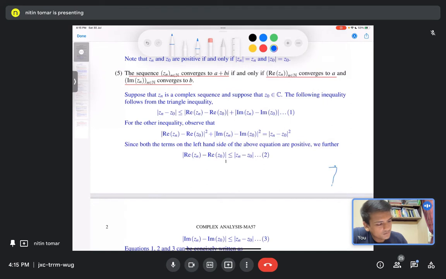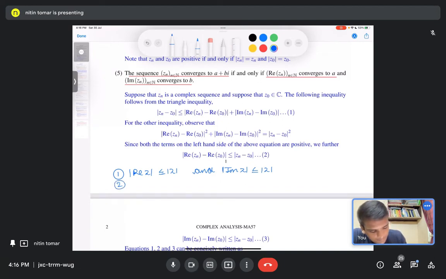And how do you prove it? So we know, you must have learned these two inequalities, that the real part of z is less than or equal to mod of z, and the modulus of the imaginary part of z is also less than or equal to mod z.